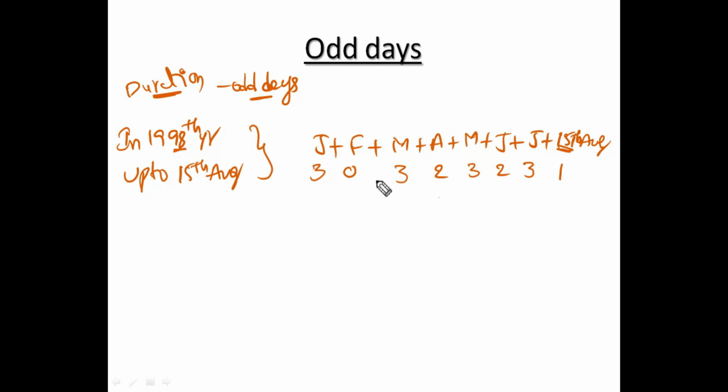Instead of adding all the numbers and dividing by 7, simply cancel: 3 plus 3 plus 1 is 7, divisible by 7, cancelled. 2 plus 3 plus 2, cancelled. So the remainder is 3. There are 3 odd days in the year 1998 up to August 15. Okay. Next.